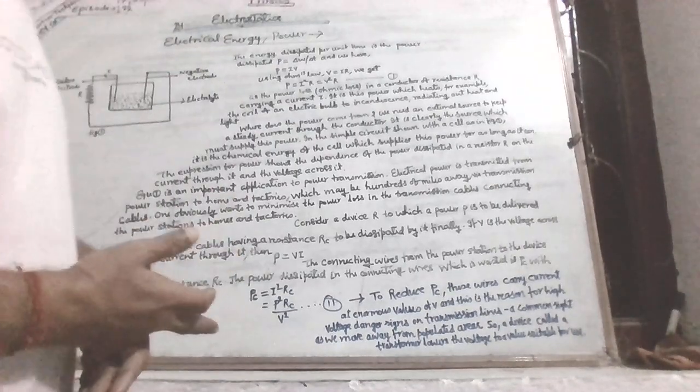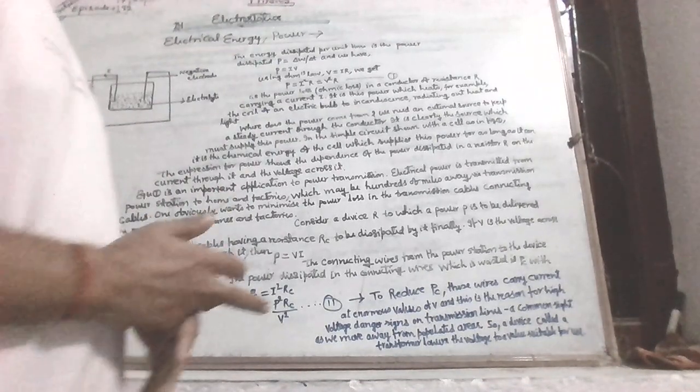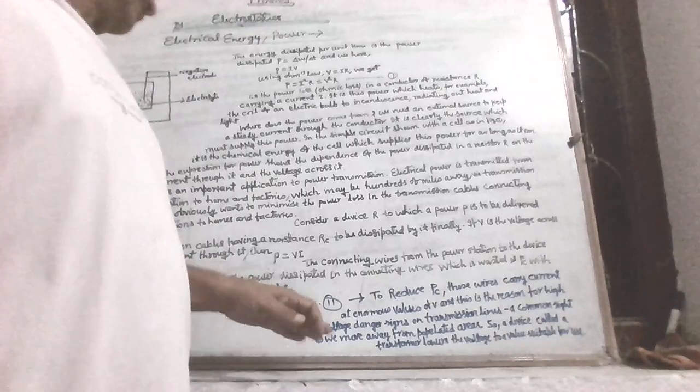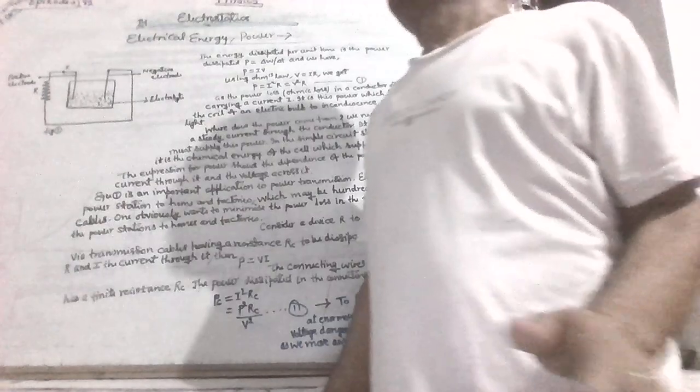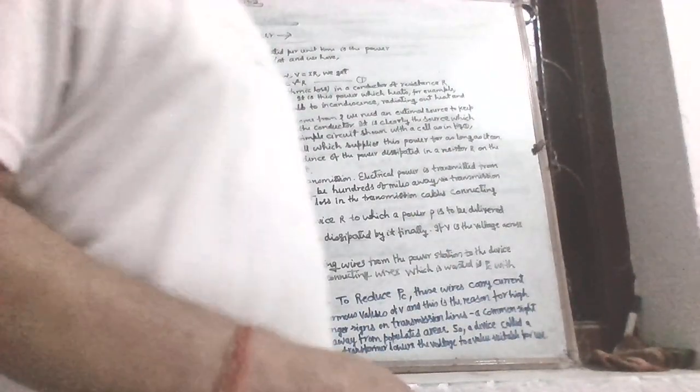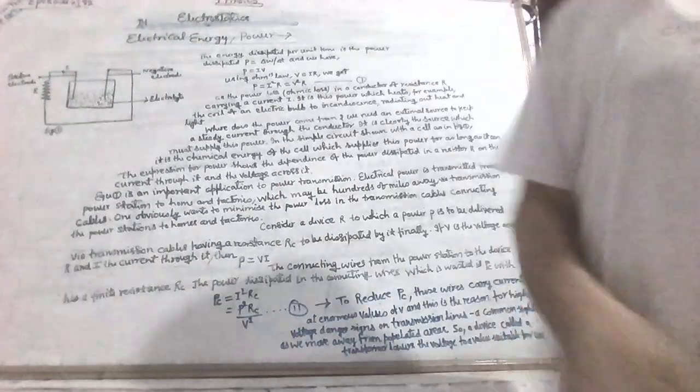The device used for this purpose is called a transformer, which lowers the voltage to a value suitable for different types of use. Thus, we need a transformer to distribute power from high voltage to low voltage for domestic and commercial purposes. But for transmission, we need high voltage.